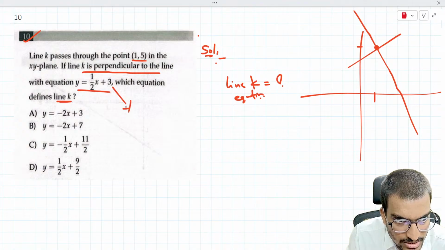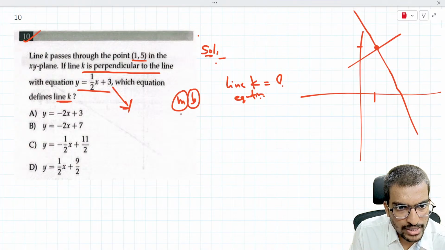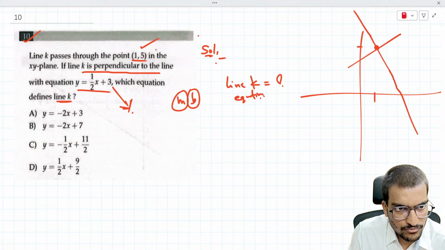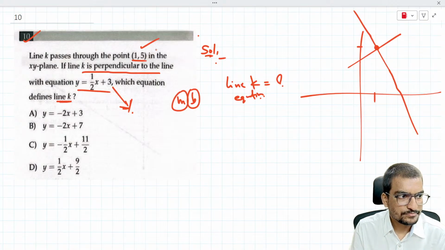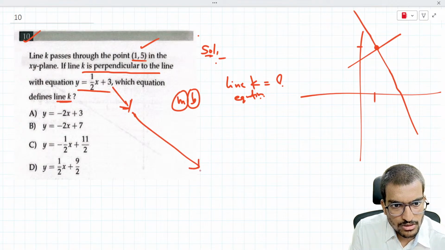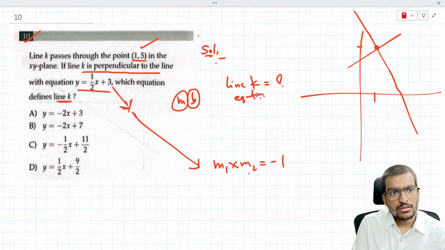From the given equation we can get the slope. To form any equation we need the slope and the y-intercept, but here, with the given information, we can get the slope first. How can we get the slope? The product of slopes equals -1.